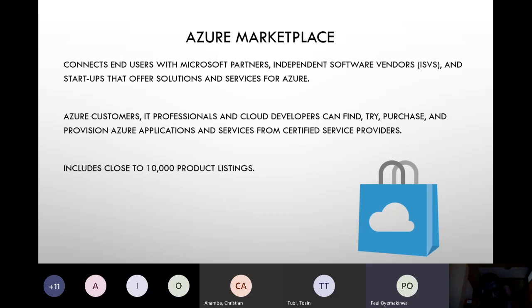It could even be third-party products, from an independent software vendor, from a Microsoft partner, or even from Microsoft themselves. There are over 10,000 products on that marketplace, ranging from Sophos to Barracuda to Ribbon to any application you are looking for. You obviously see it in the Azure Marketplace.